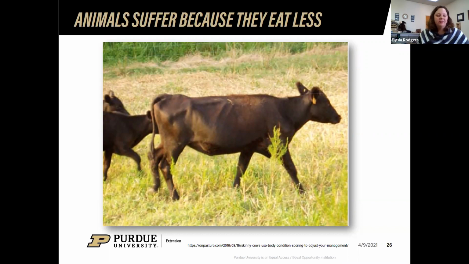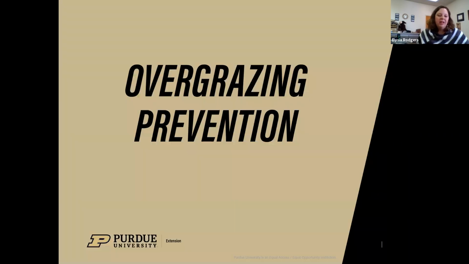So we get fewer pounds gained per day, which means it takes longer for them to finish out, so we're feeding them more and spending more money. It takes us longer to get them to either the processor or to market, and we're going to have less of a profit, if any profit at all.